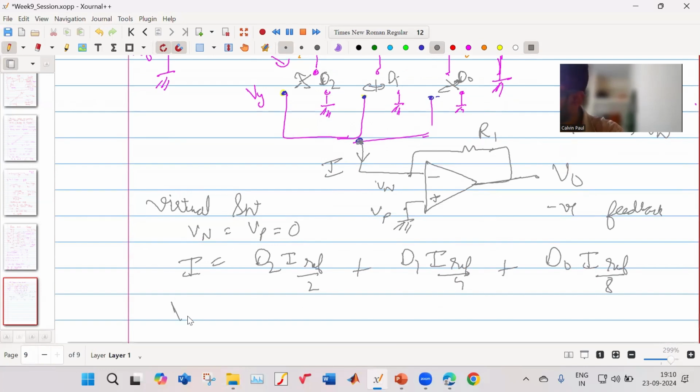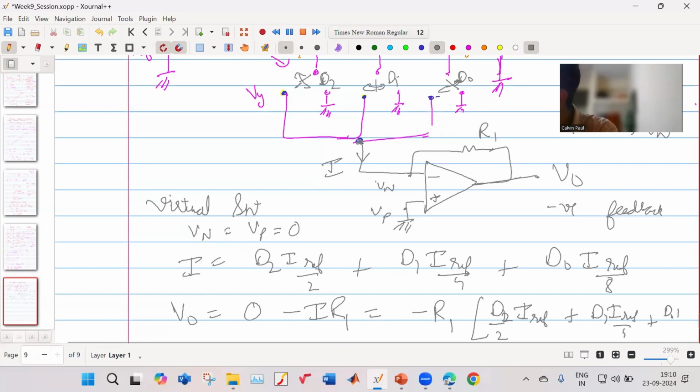Now what is your V output? Your V output is equal to 0 minus I into R. Right? So that is equal to minus R1 into D2 by 2 Iref plus D1 Iref by 4 plus D0 Iref by 8.